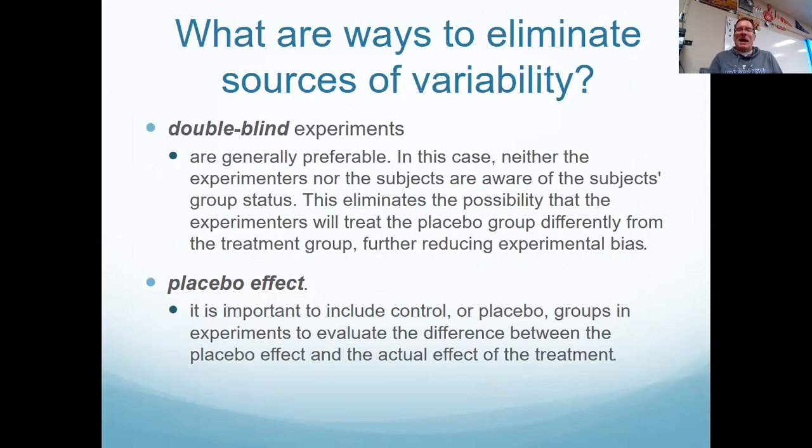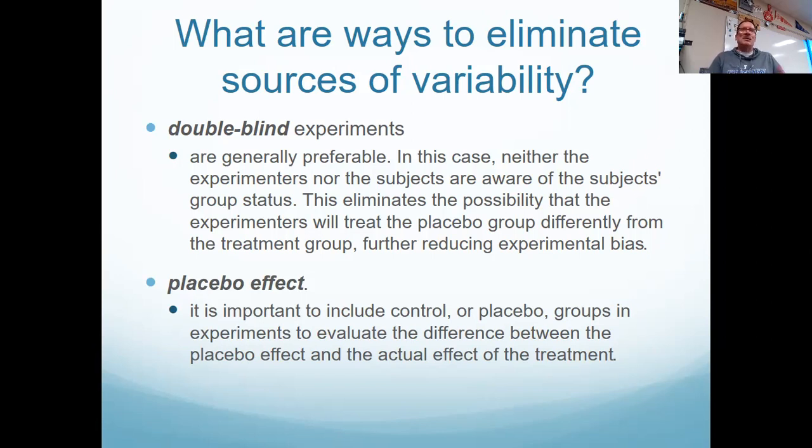Okay. How do you eliminate that variability? Number 1, double-blind experiments, most preferred. Then neither the experimenters nor the subjects are aware of who's getting what. And that eliminates bias, essentially, because nobody knows who's getting what. Okay. And also that placebo effect.